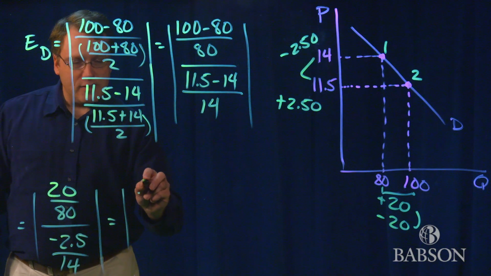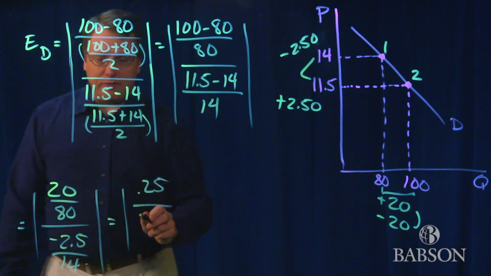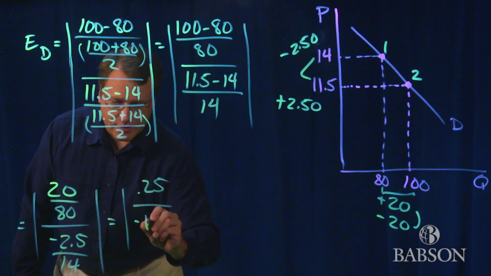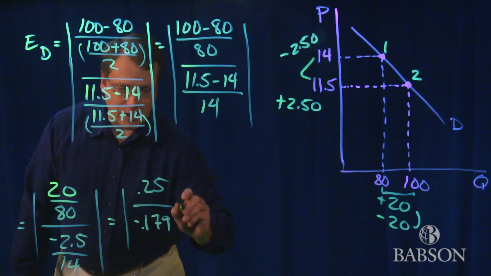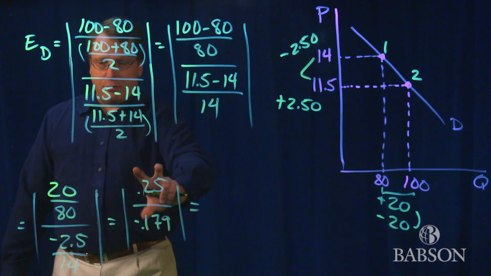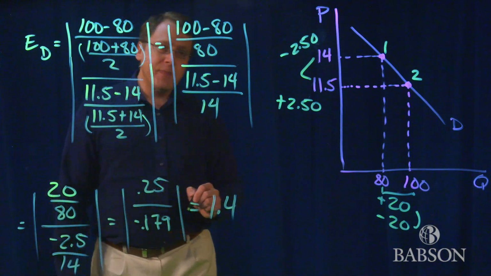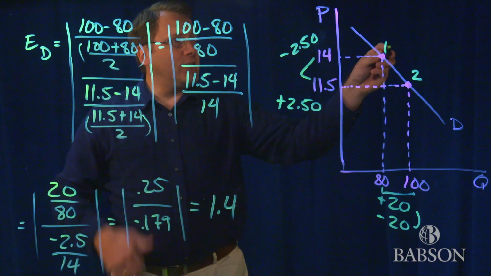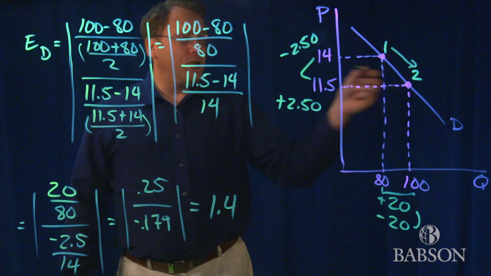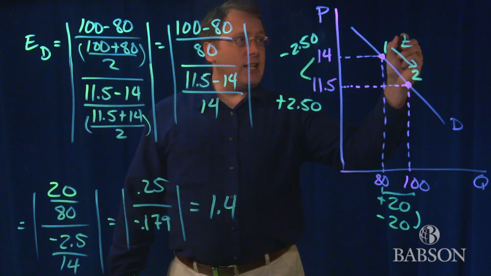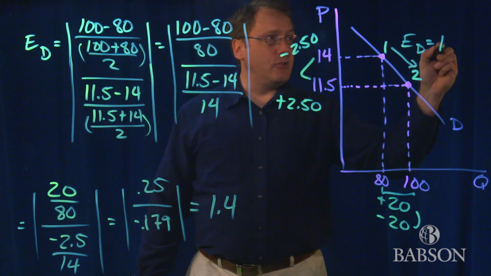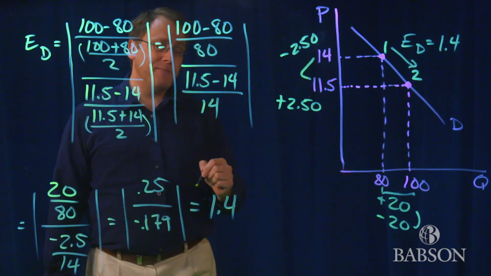And from this, it's 0.25 all over minus 0.179. And if we do the result of that calculation, we get 1.4. So that's basically going from 1 to 2. We see that the elasticity of demand is equal to 1.4.